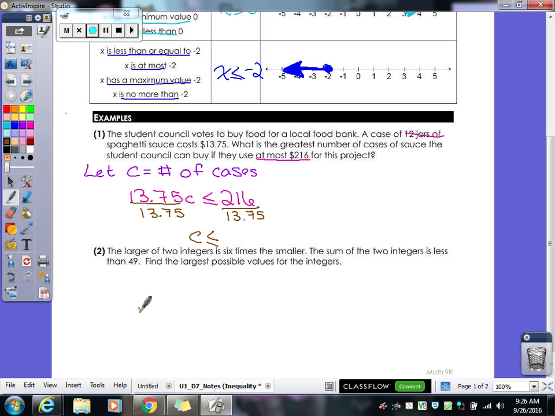And we will get a decimal, so we want to write the whole decimal out. 216 divided by 13.75. What'd you get, Jordan?